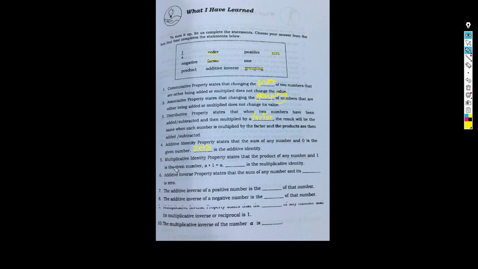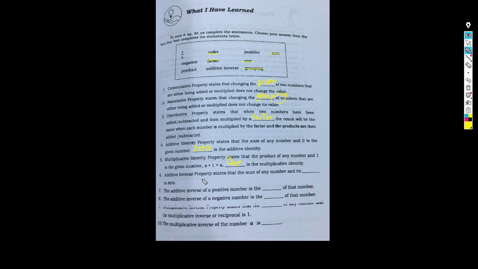Now, number 5, multiplicative identity states that the product of any number and 1 is the given number. A times 1 is equal to A. 1 is the multiplicative identity.